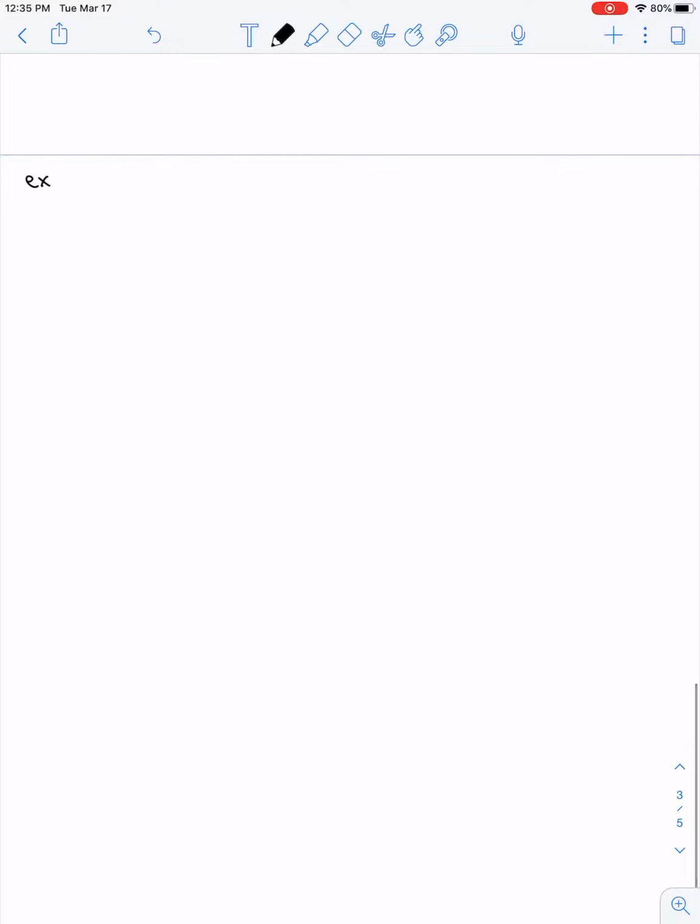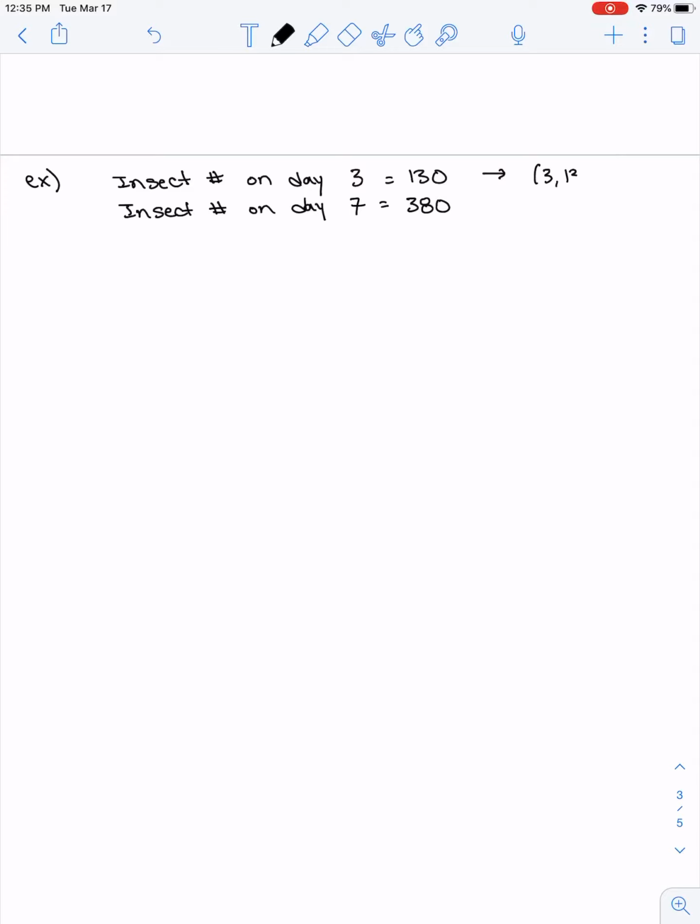So, if we have insect number on day 3 equals 130, and insect number on day 7 equals 380. So this I'm going to translate into essentially a 3, 130, and this one into a 7, 380. And we're assuming exponential growth, right?